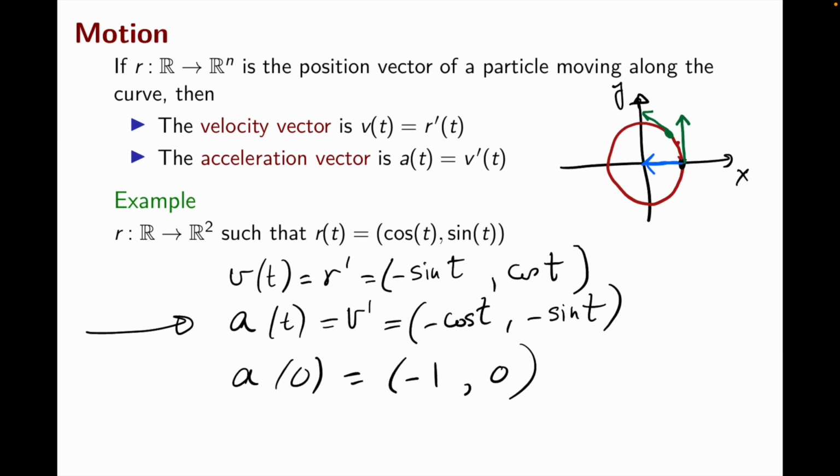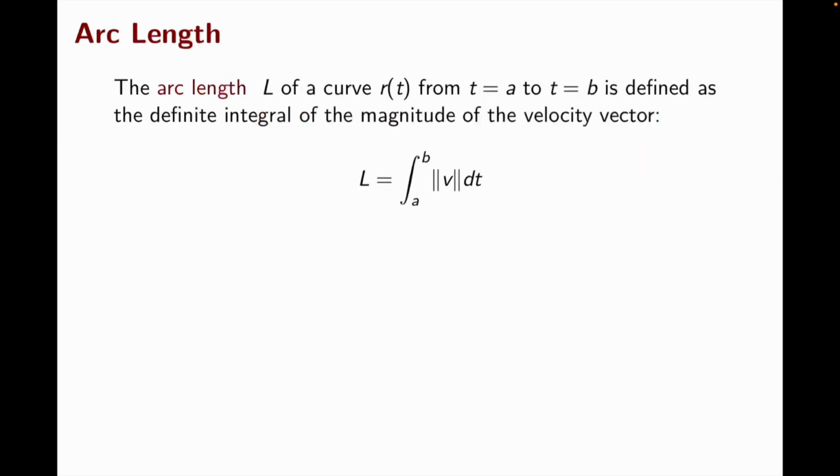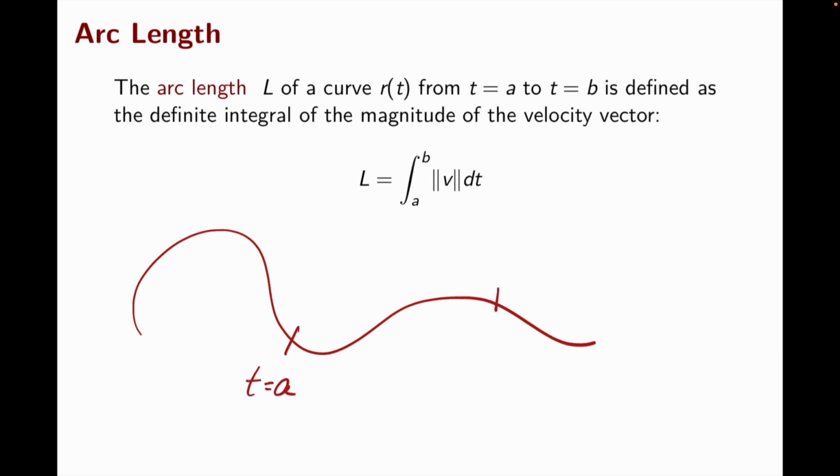We can also calculate the arc length of a curve. If this is the curve, the arc length from a certain point corresponding to the value t equals a to another point corresponding to the value of the parameter t equals b is simply how long the curve is from this point to that point.